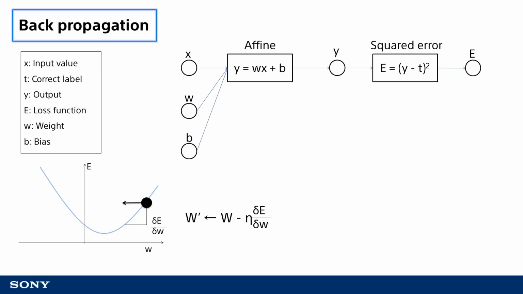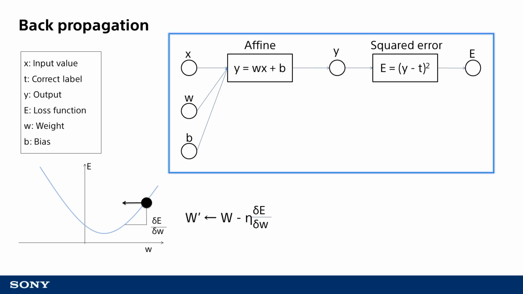Going a bit deeper, I will explain the specific type of calculation that is conducted in the third step, calculating the gradient of the parameter. In the third step, we use a technique called backpropagation to calculate the gradient of the parameter. To make the explanation of backpropagation easier to understand, the simplest neural network is shown here.